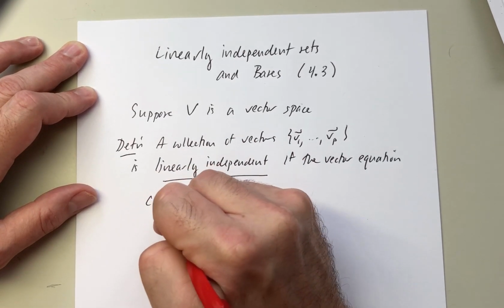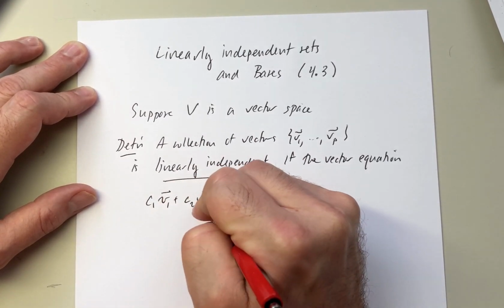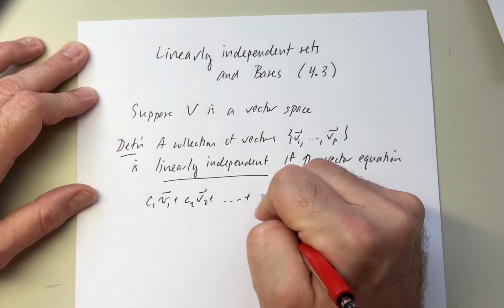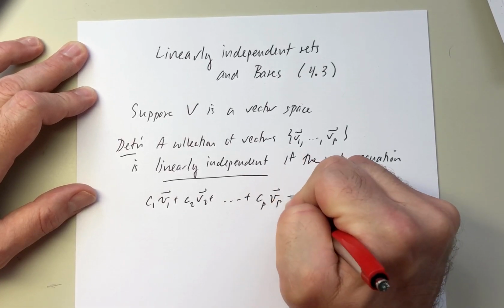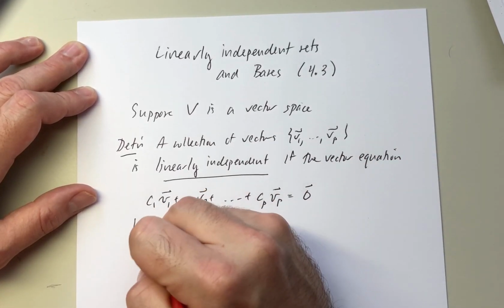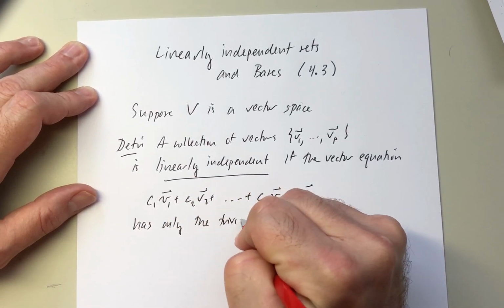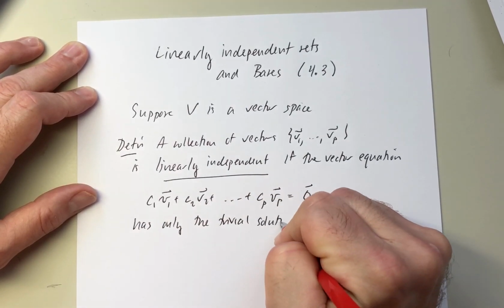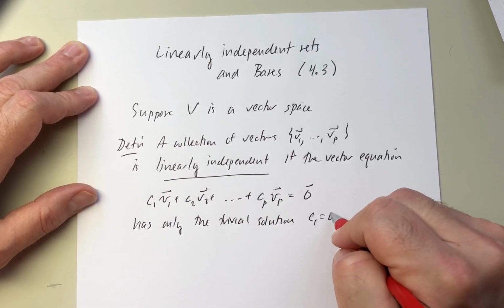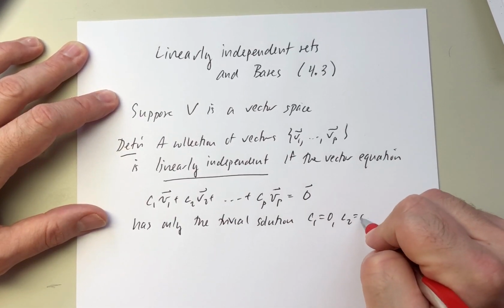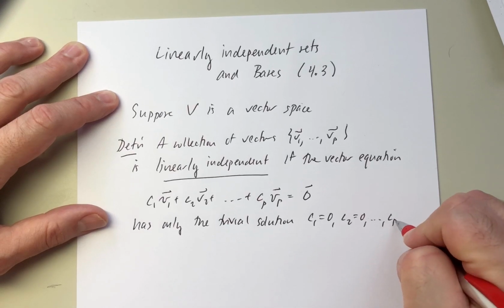That's C1 V1 plus C2 V2 plus ... Cp Vp equals 0, has only the trivial solution, C1 equals 0, C2 equals 0, ... Cp equals 0.